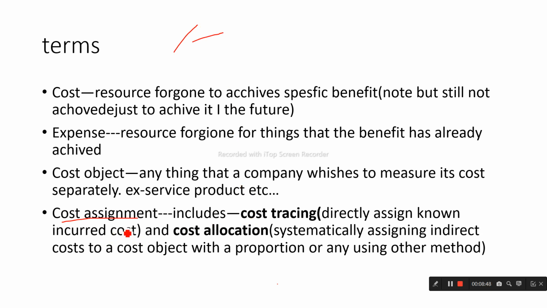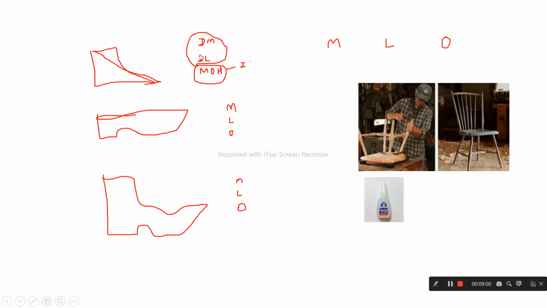Cost assignment has two parts, which are cost tracing and cost allocation. As we have seen previously, it's very easy to allocate or to know these direct material costs for one product.